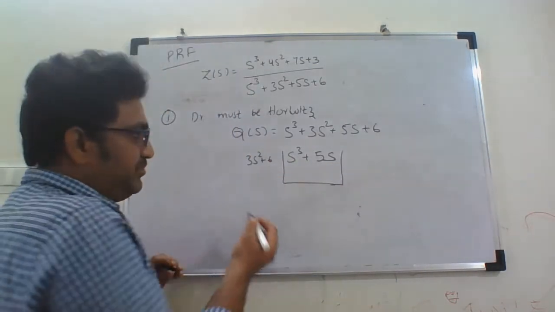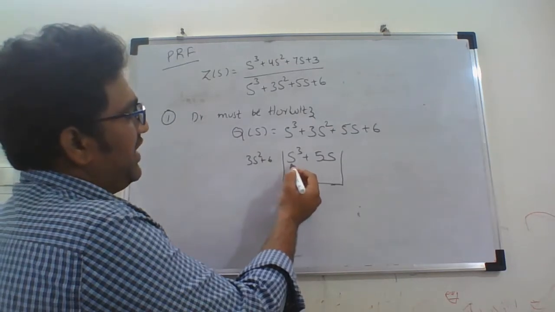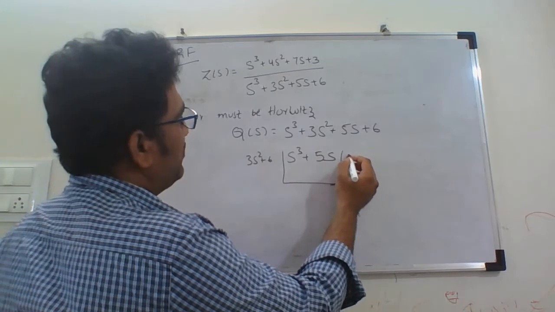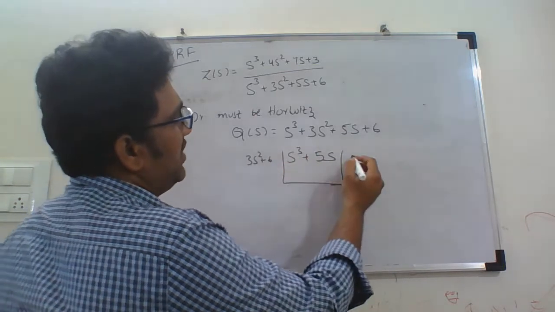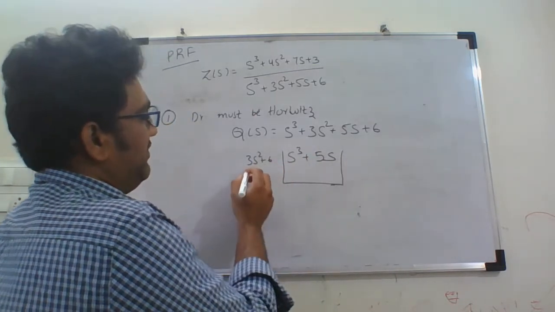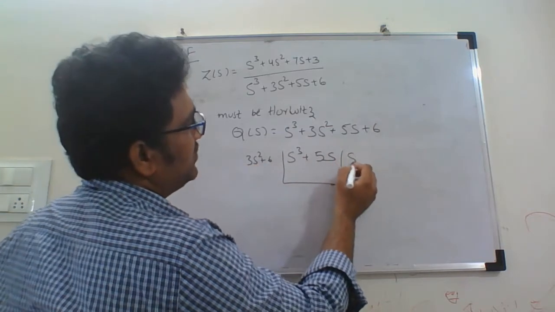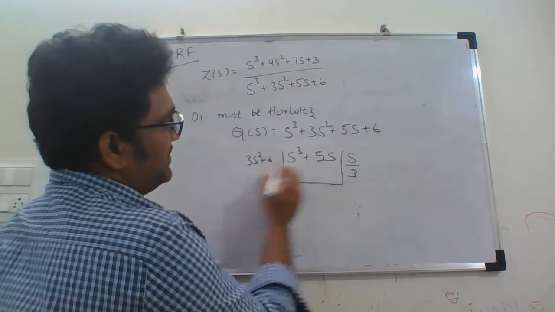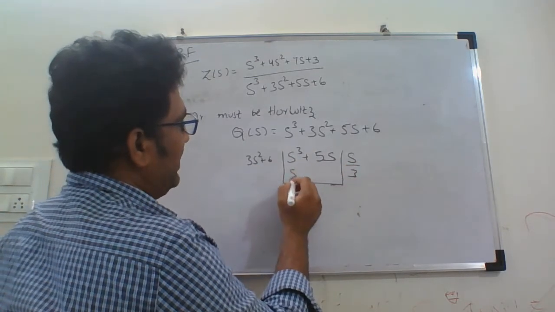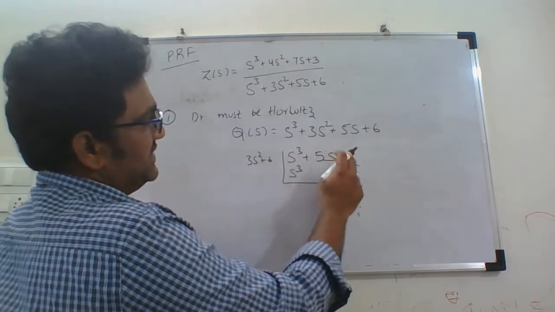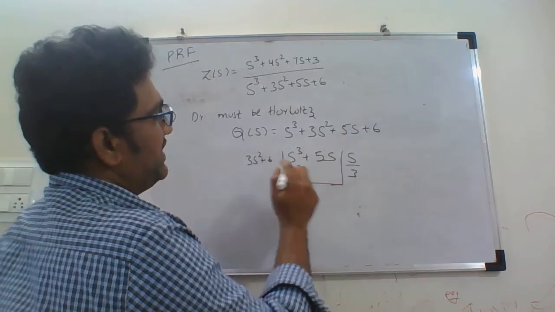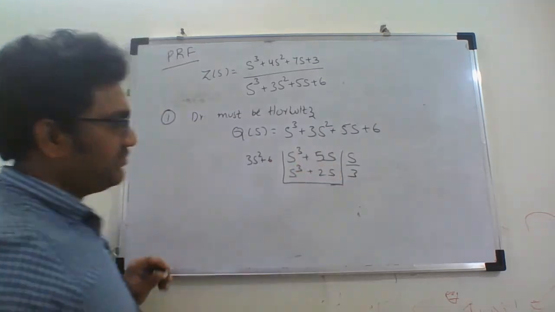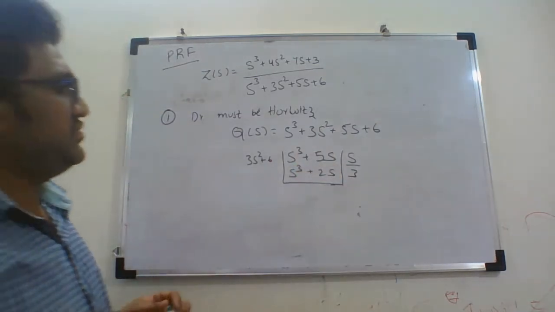I have to cancel out the s cube term, so I multiply by s by 3. 3s square into s by 3 gives s cube, and 6 into s by 3 is 2s.